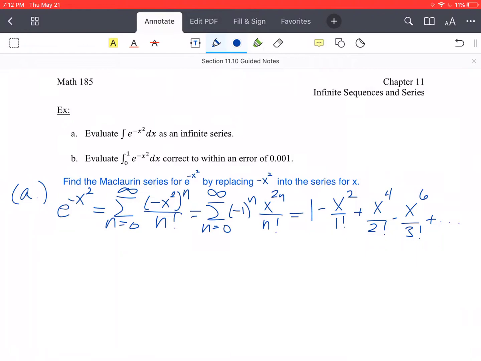So once we have this series, we can go ahead and integrate. Integrate both sides, and the value on the left would be equal to the value on the right.